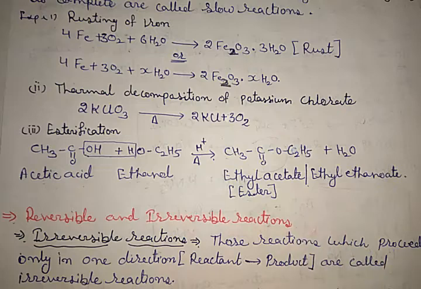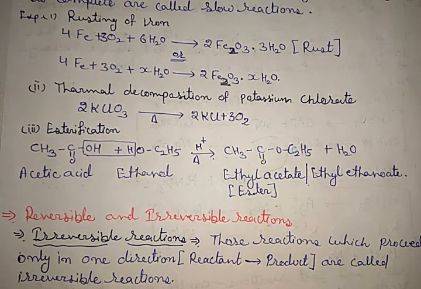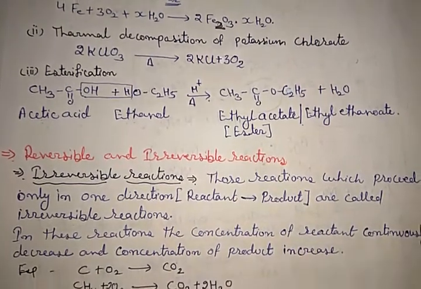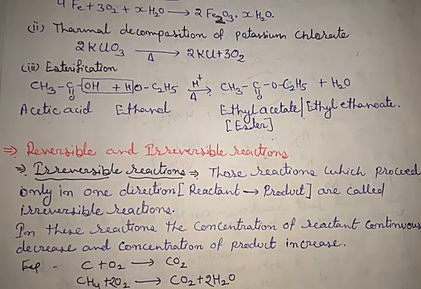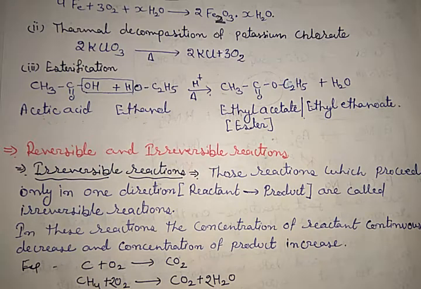Okay, now let me move to the next classification, which is reversible and irreversible reactions. On the basis of reversibility, there are two types: one is reversible and one is irreversible.